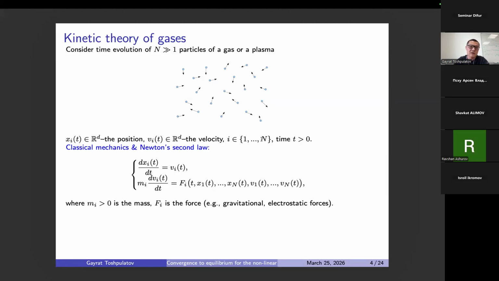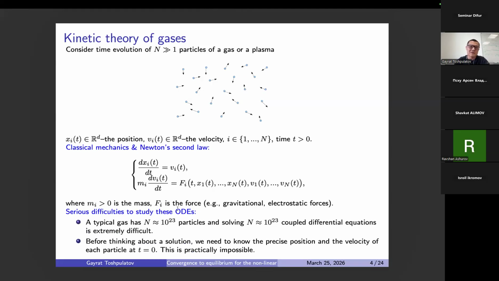So we get this ODE, and one can try to use this ODE to study the evolution of the particles. But we will get very serious problems, because a typical gas has a very large number of particles, and solving this number of coupled differential equations is extremely difficult, because we have to write this ODE for every particle, and we have n particles, and n is very big.